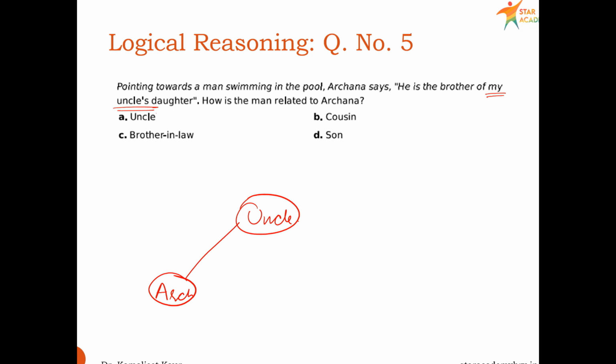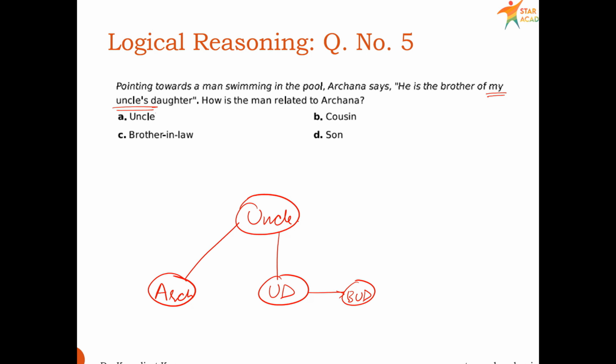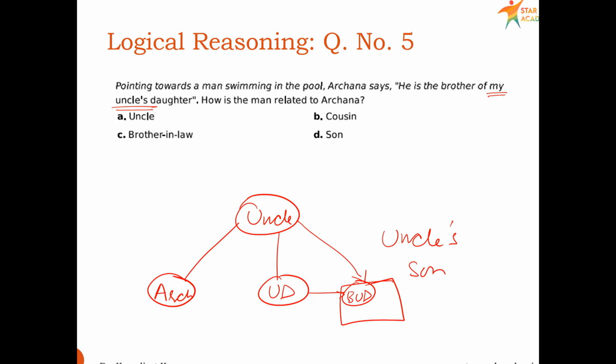The uncle has a daughter, and the man is the brother of the uncle's daughter. So that means this person is just the uncle's son. So this person swimming in the pool is Archana's uncle's son.